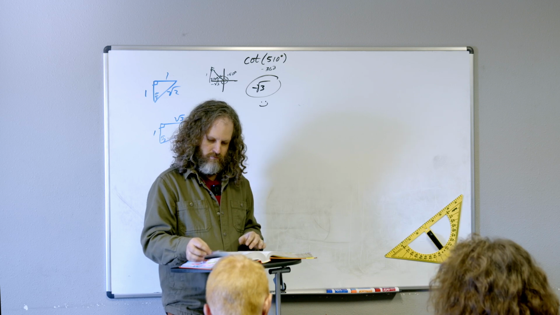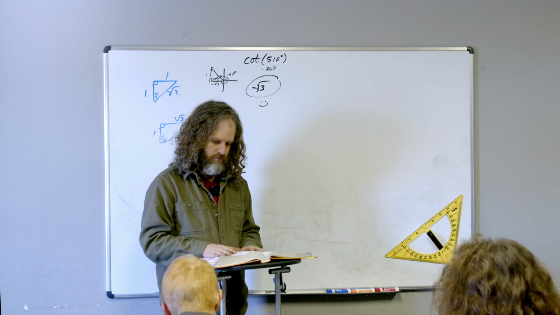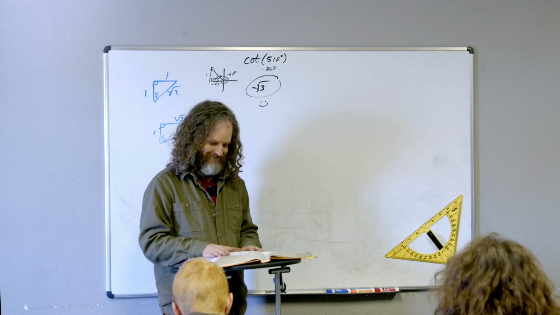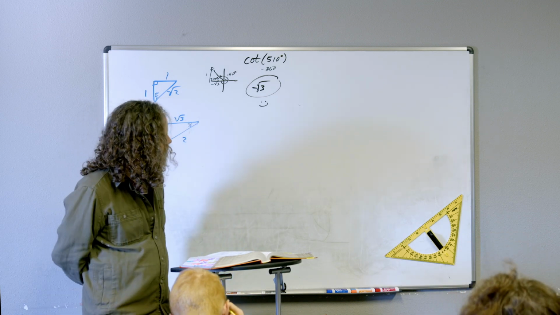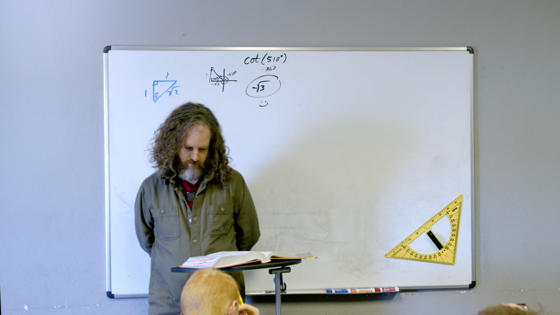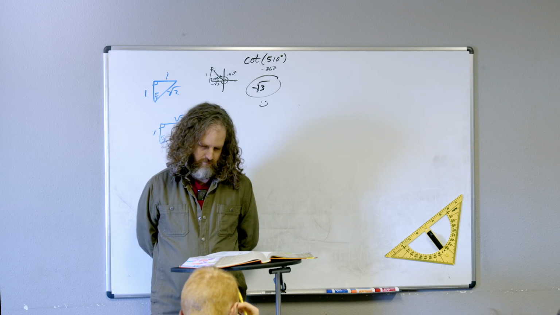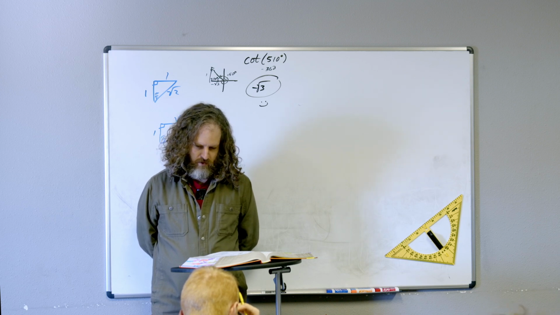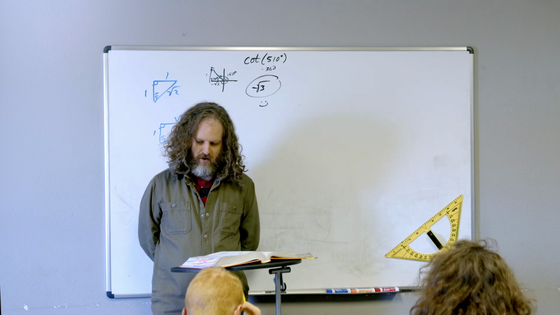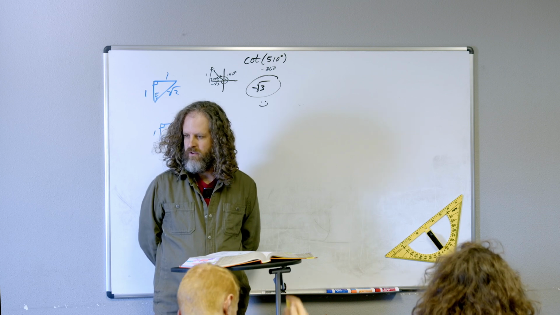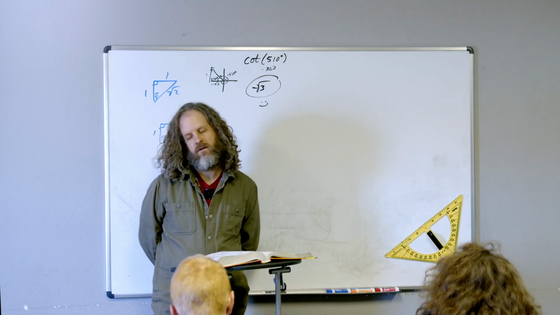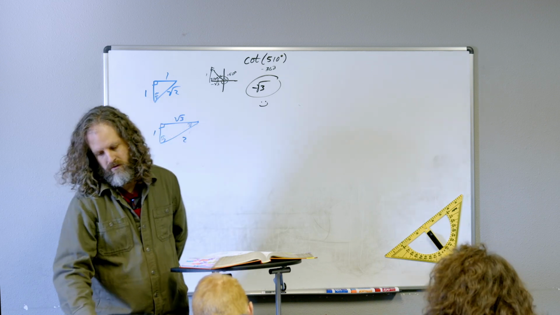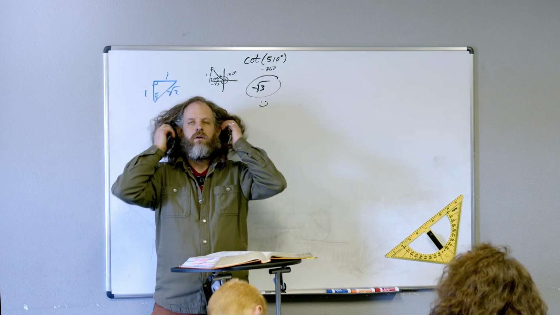How do you know on the triangle which one is sine and which one's cosine? Is the hypotenuse always? Sine is opposite over hypotenuse, which is y over r. How do you know whether they're negative or positive on the triangle?